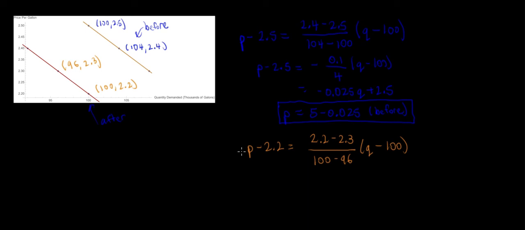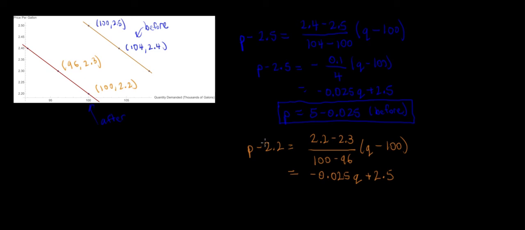And this slope ends up turning out to be the exact same. The numbers are slightly offset, but it ends up being negative 0.025 Q plus 2.5.